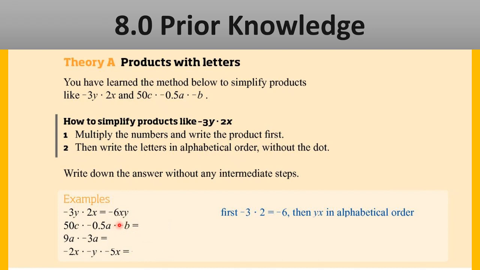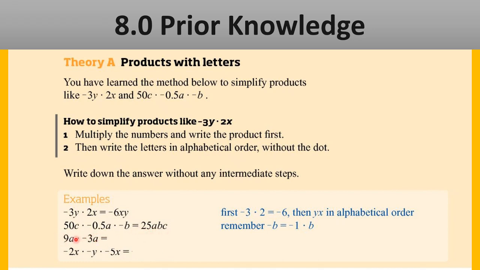That stands for minus 1b. So here we get 25, and they say remember that, right? Minus b is minus 1 times b. And we get a positive number again because we do minus 1 times minus a half times 50. Minus times minus, that's positive again. Numbers in alphabetical order, A, B, C.